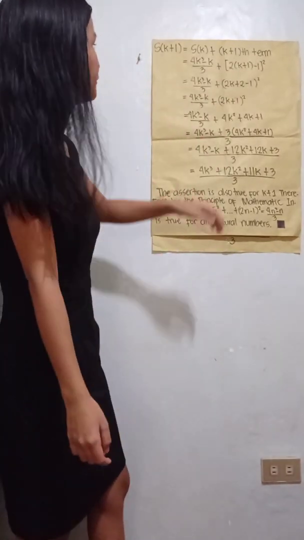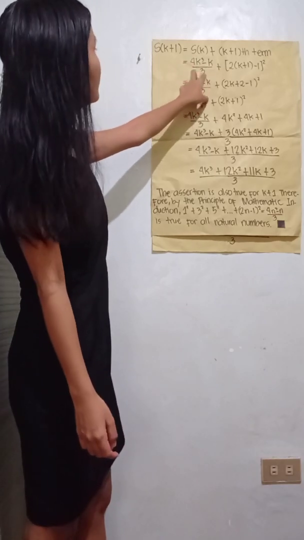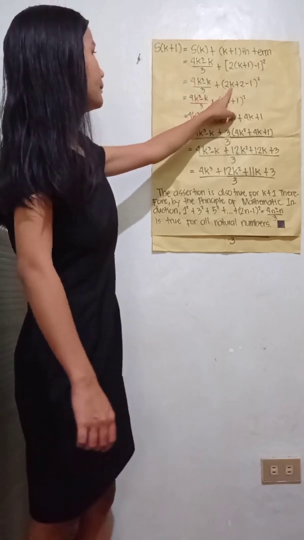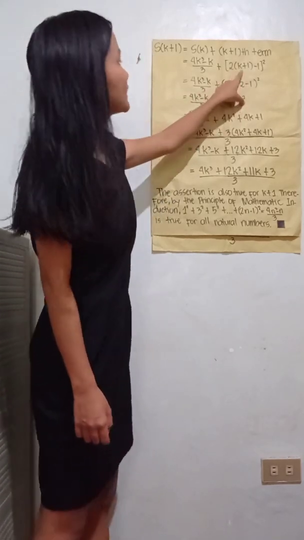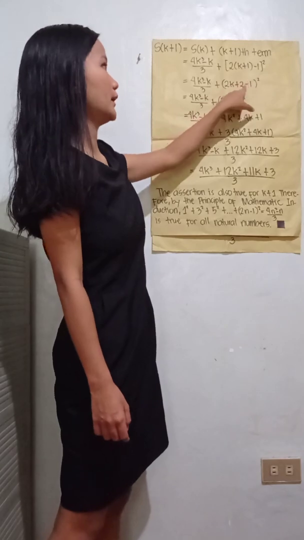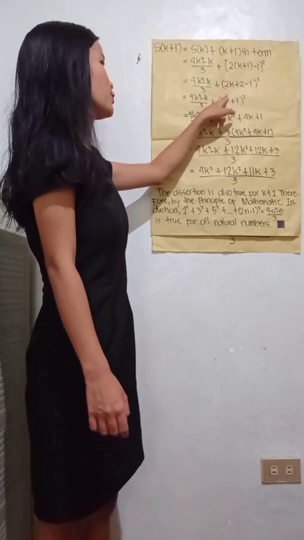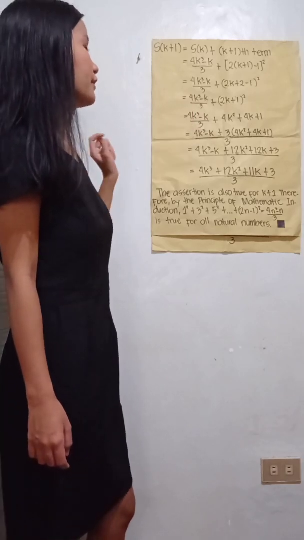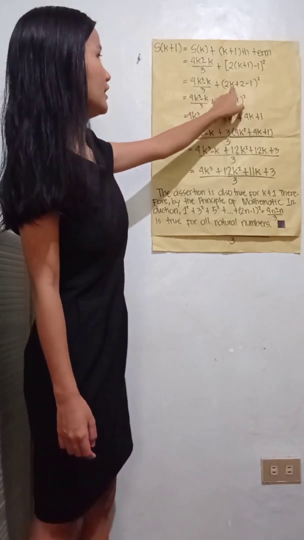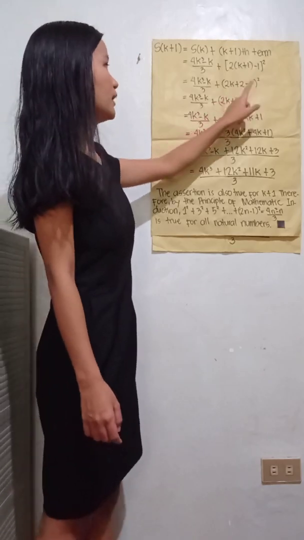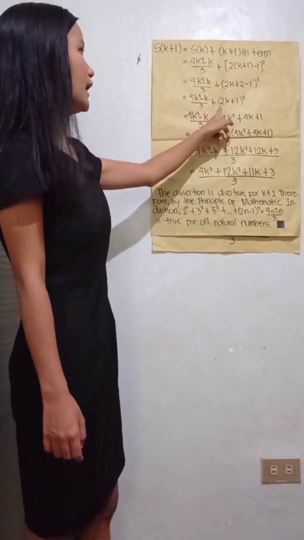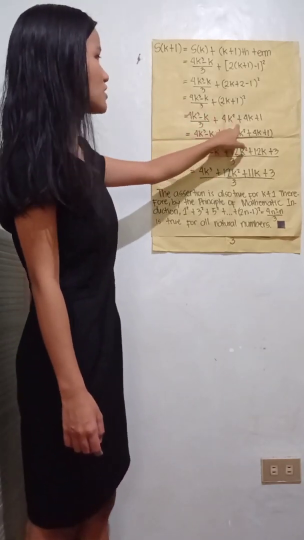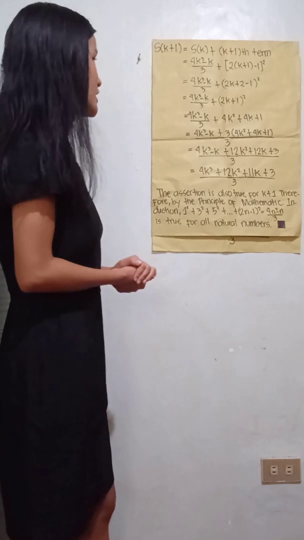Now we have (4k cubed minus k) all over 3 plus the square of 2k plus 2 minus 1, which is 1, so the square of 2k plus 1. The square of this is 4k squared plus 4k plus 1.